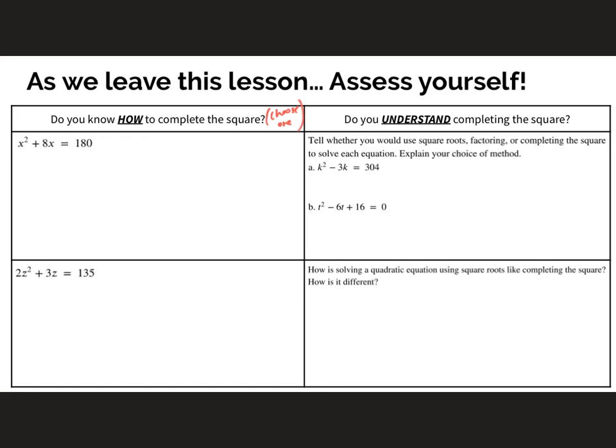Right, I want you to actually go ahead and try both of these. So for both of these, this is really to understand whether you really get the full concept of what it means to complete the square and why we do it. Because while it is helpful to know how to do it, we also understand why we're doing it, so it's not so pointless that we're learning this, right? So before you leave, this is what you should be completing. This is what you should be tearing off and turning in.